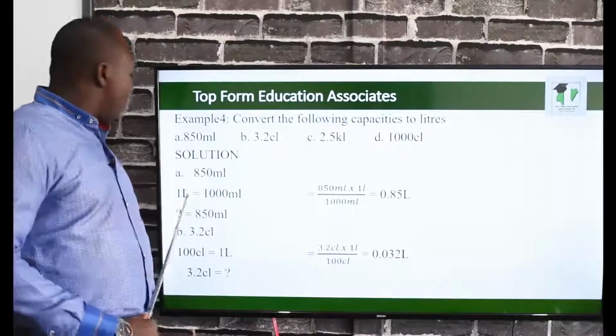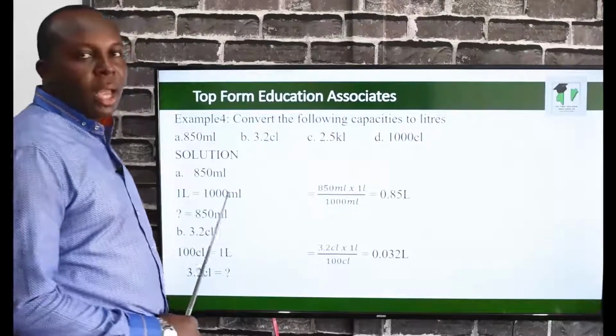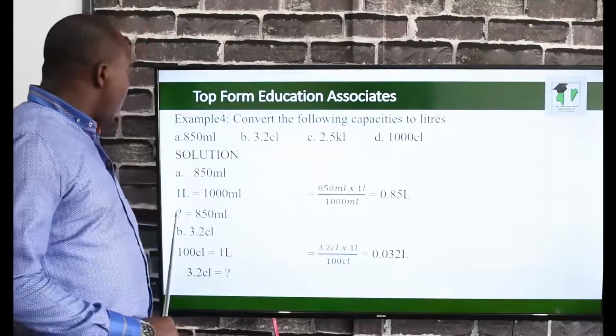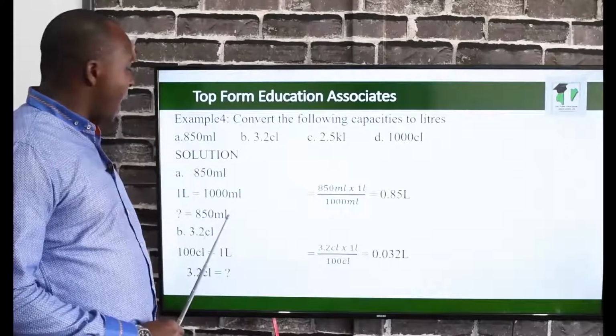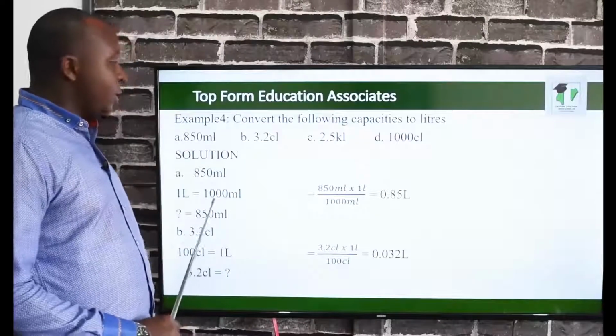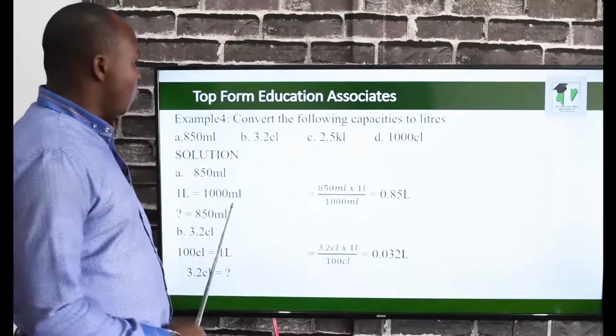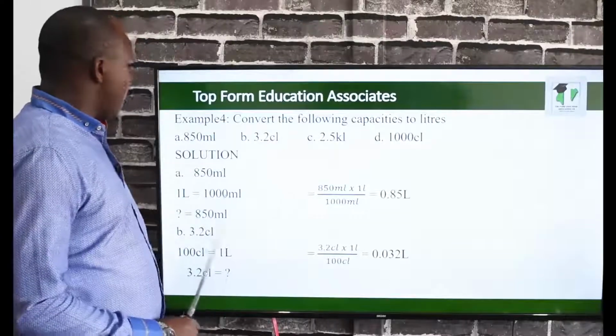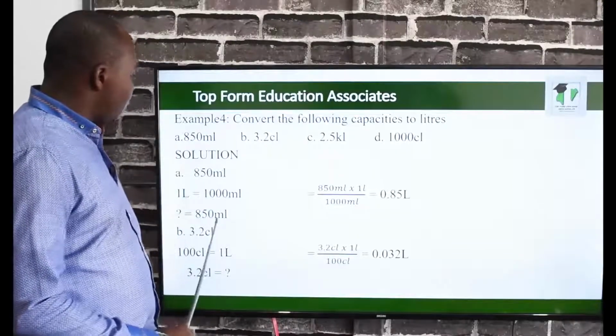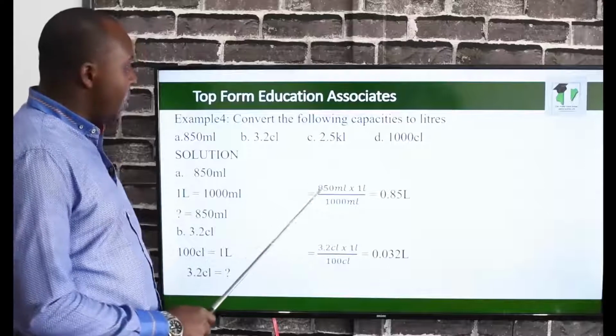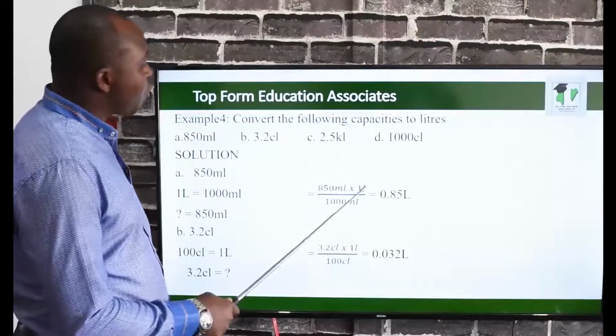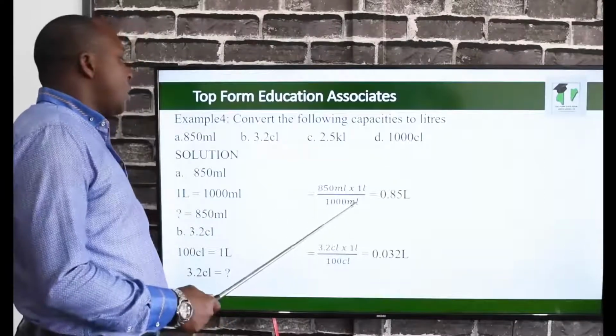850 ml. 1 liter equals 1,000 ml. So we cross multiply. Since we are moving from small to big, we are dividing here. That is 850 ml times 1 liter over 1,000 ml.